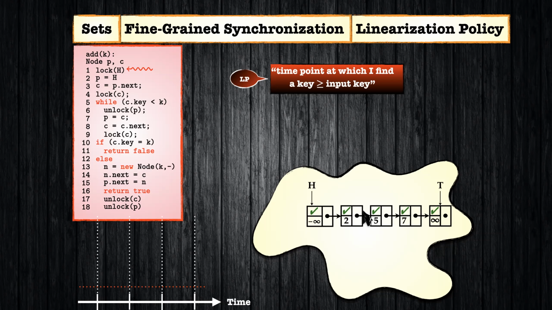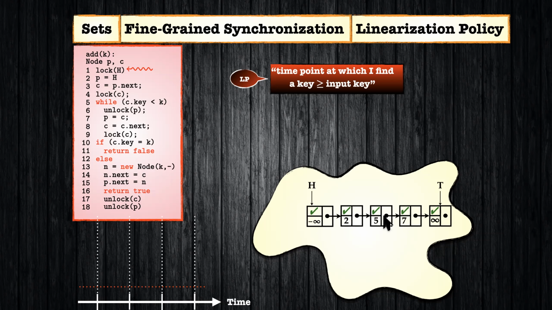So here we say that once I have found the right locks, once I have found the key which is not strictly smaller than my key, then this is the point to linearize, because I will report the correct result through one of these two returns, because I know whether I have the key or not. And by these two if statements, I will return the correct result.